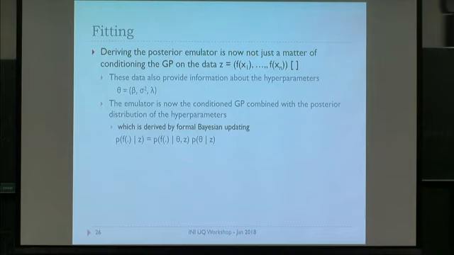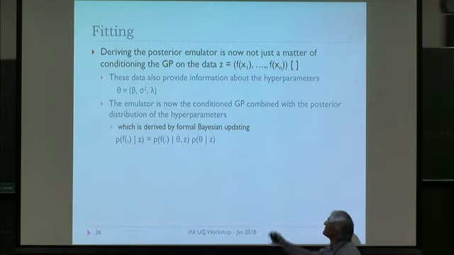Underneath that, we've got these uncertainties about the hyperparameters, and we need to use the data to learn about those as well. So we've got a hyperparameter vector theta, which contains beta, sigma squared, and lambda. Conditional on theta, it's just a Gaussian process, and we can just condition on the data to produce that posterior Gaussian process, which is this part here.